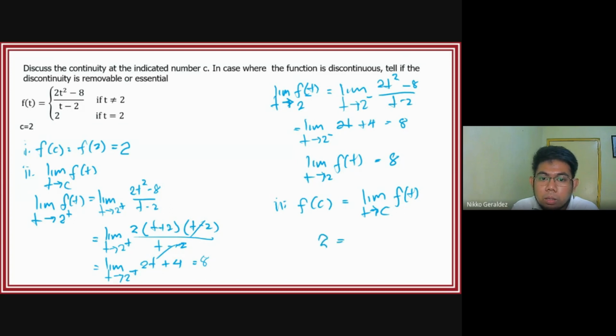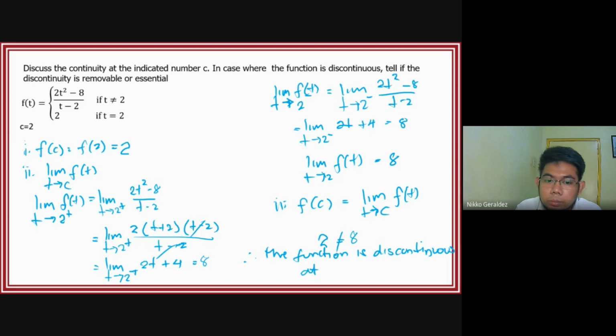It is 2. The limit of f of t as t approaches 2 is 8. So they are not equal. It fails condition number 3. So what discontinuity is that? Removable discontinuity. So write: the function is discontinuous at 2, and it is removable. That's the conclusion.